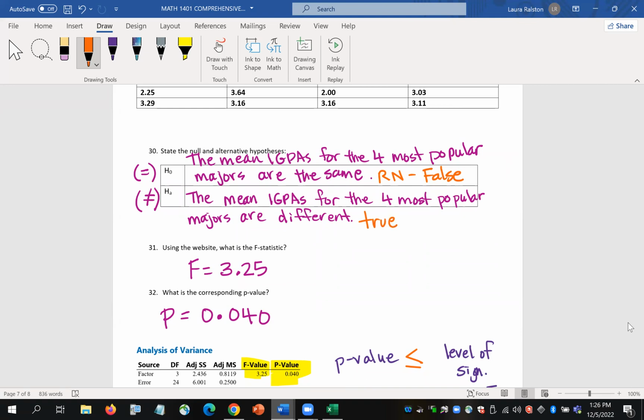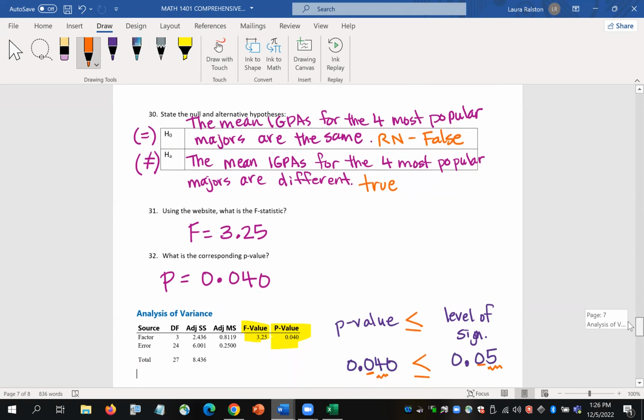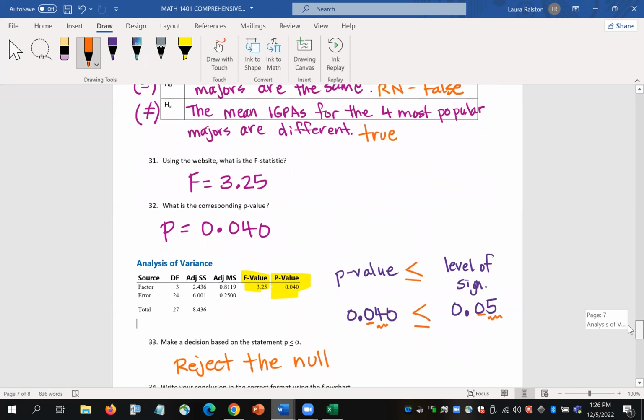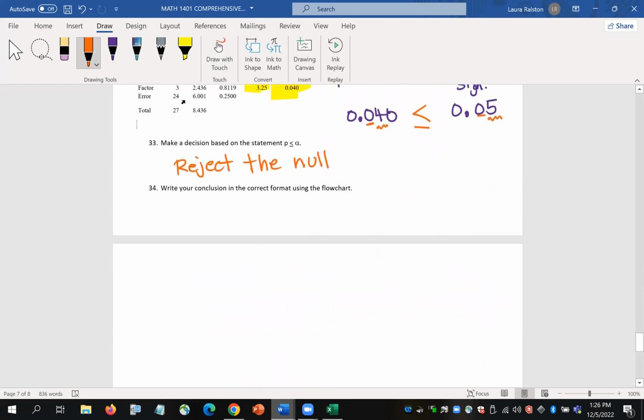So what I have proven in this particular problem, based on the data that I have, is that the mean IGPAs for the 4 different most popular majors at GHC are different.